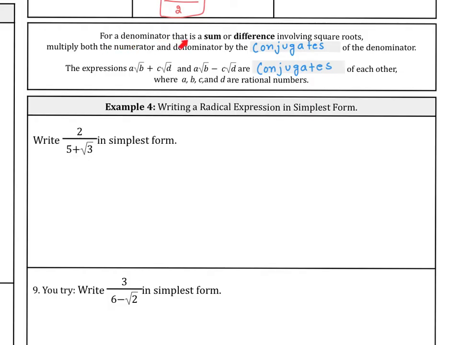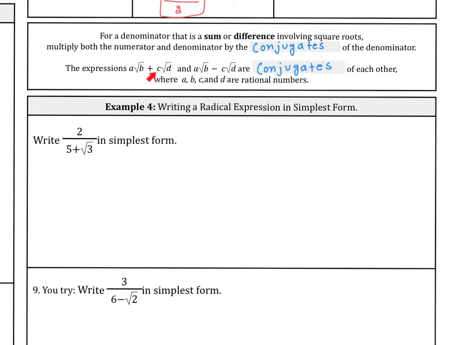For a denominator that is a sum or difference involving square roots, multiply both the numerator and denominator by the conjugate of the denominator. The expressions a square root b plus c square root d and a square root b minus c square root d are called conjugates of each other.